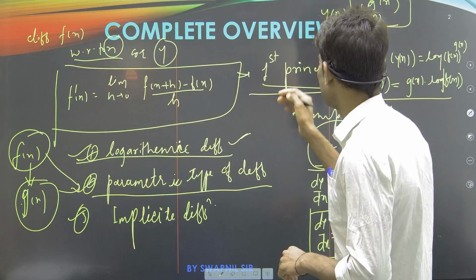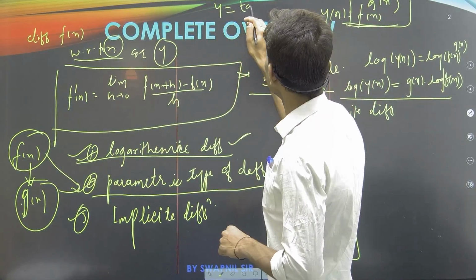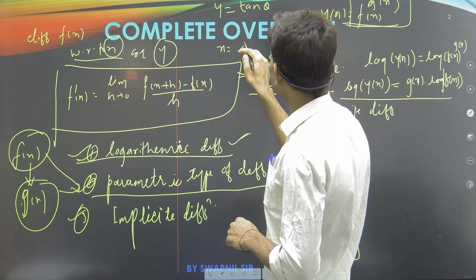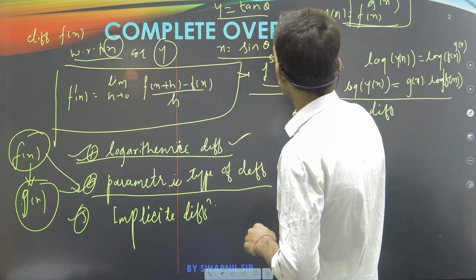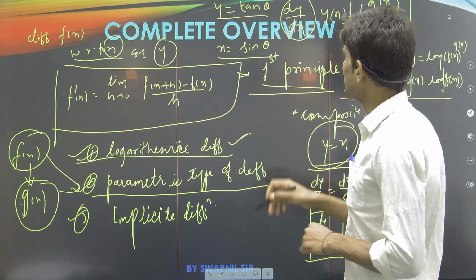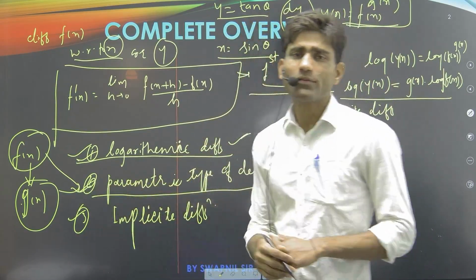For example, let me consider one example here: y is equal to tan of theta and x is equal to sine of theta. And if we want dy by dx, in this condition we have to use the parametric type of differentiation.